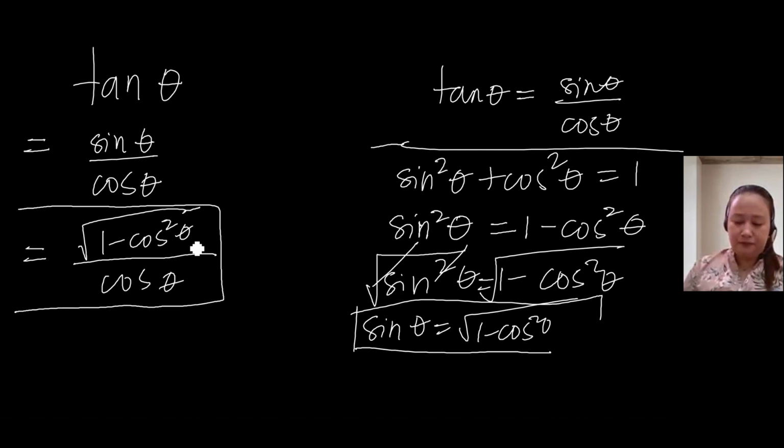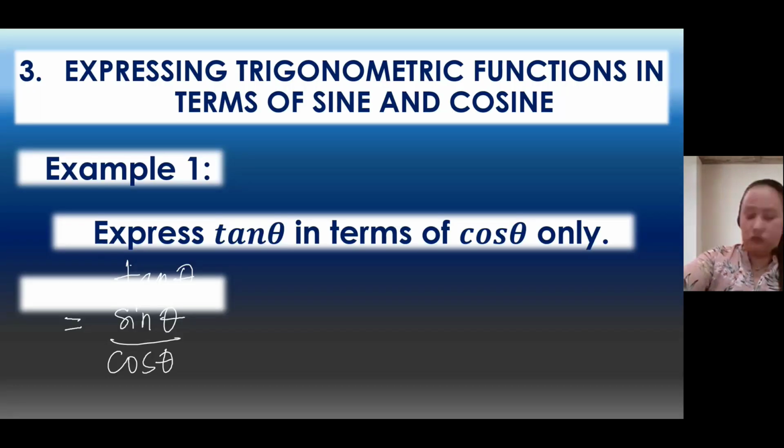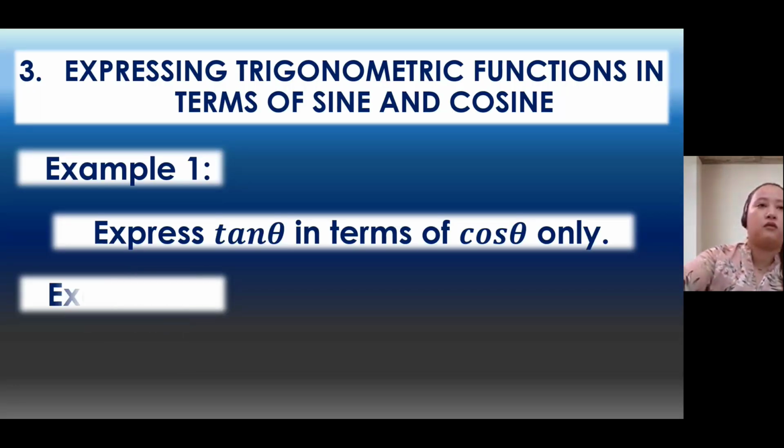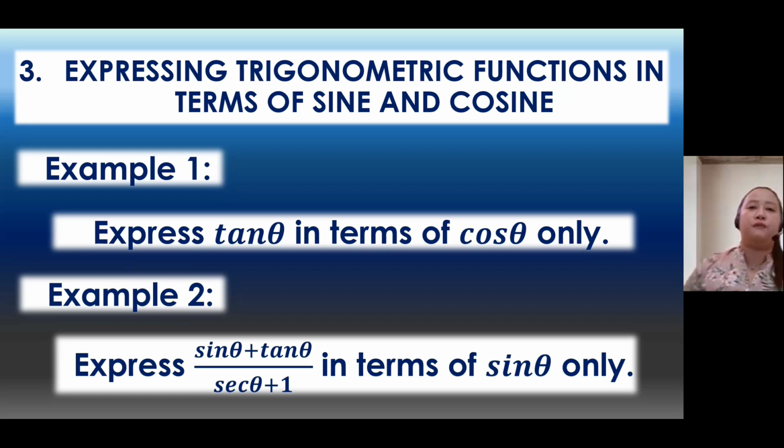And then, going back to the PowerPoint. Example number 2: express sine theta plus tangent theta over secant theta plus 1 in terms of sine theta only. This time, only sine theta should be seen in the final answer.